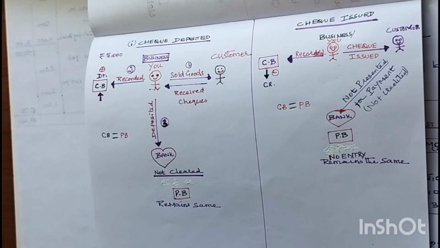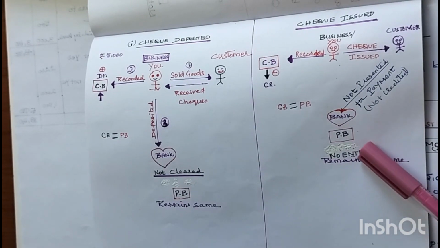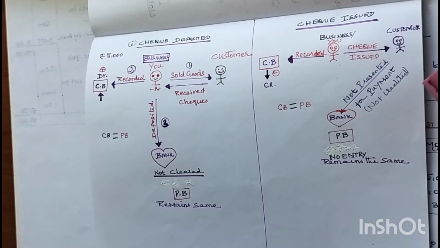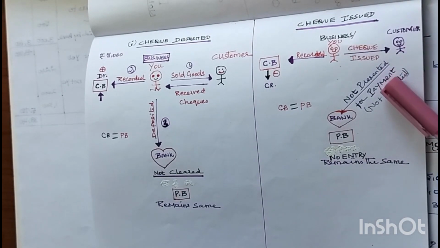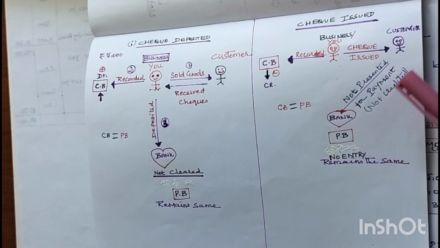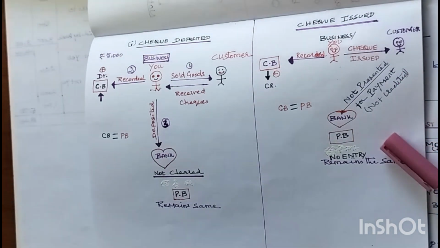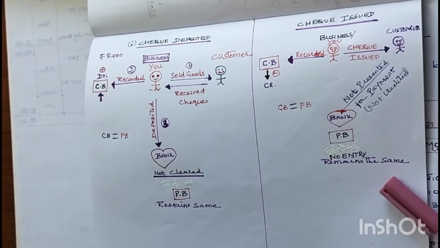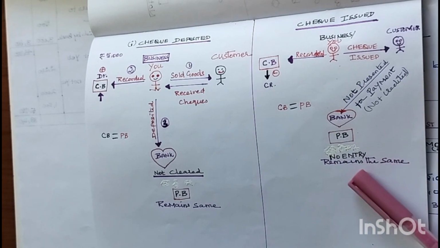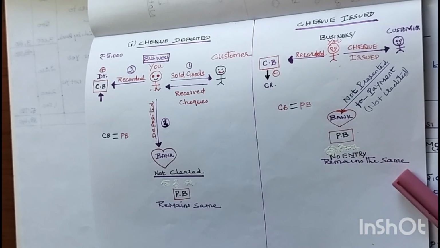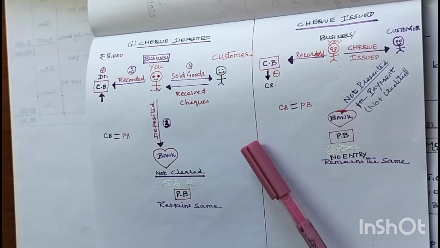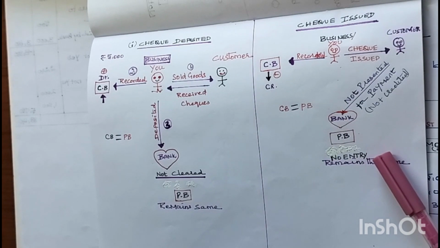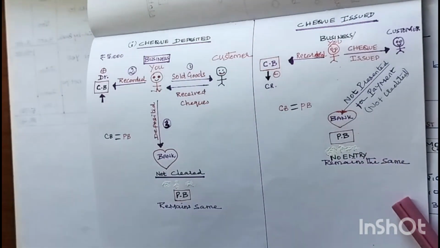Okay, what happened in the passbook? The passbook remains the same. Why? Because the issued check is yet not presented for payment, not cleared. So no entry was made in the passbook. The passbook remains the same. According to the cash book, 1,000 rupees decreased. According to the passbook, no entry was made, it remained the same.